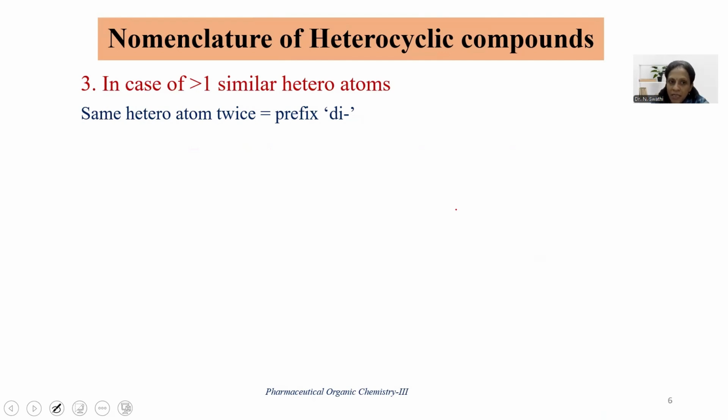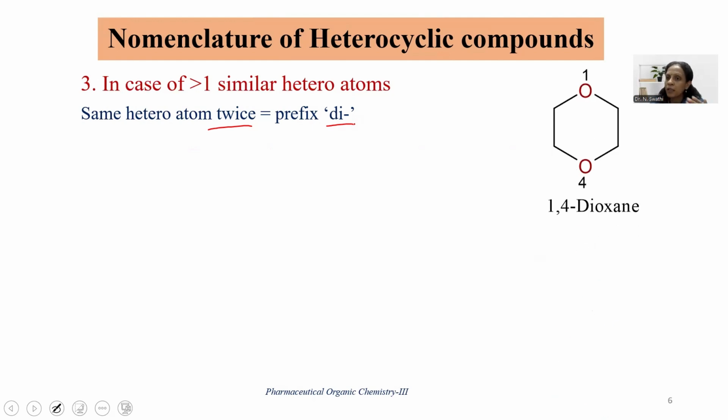The first condition is heterocyclic compounds containing more than one similar heteroatom. For example, if the given heterocyclic compound has two similar heteroatoms, how do we usually indicate two? We indicate that in the form of "di" in the prefix. The same is followed here also. So let us consider an example.